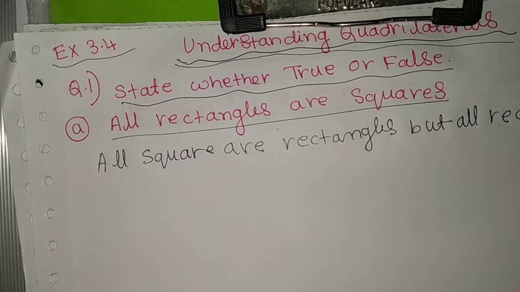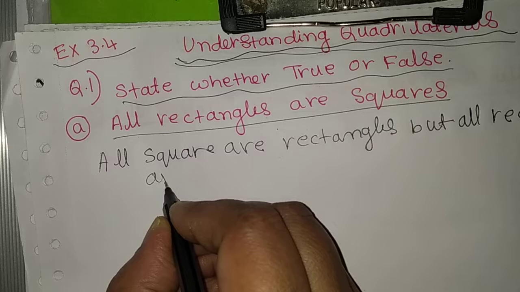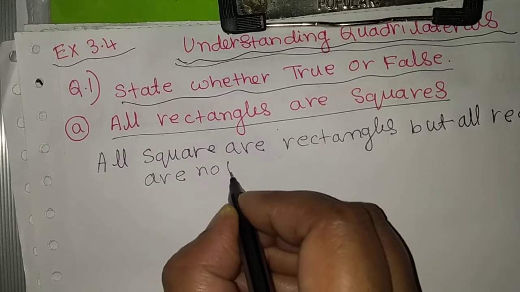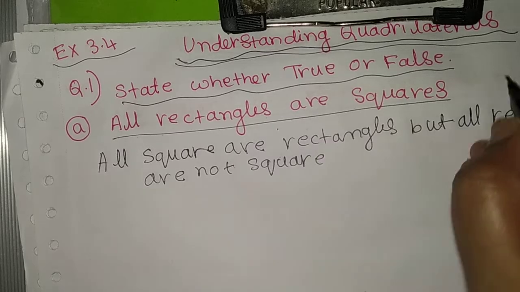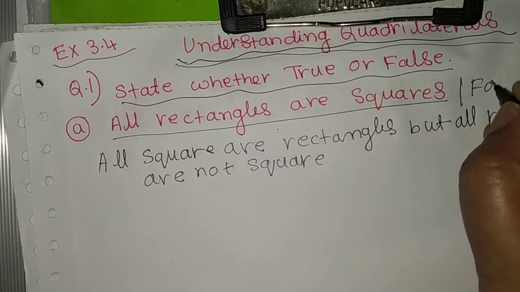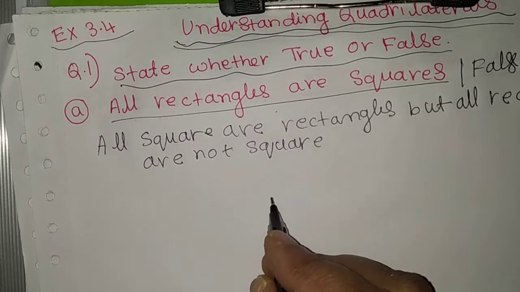So what is the answer here? The answer here is false. All squares are rectangles, but the rectangles are not square.